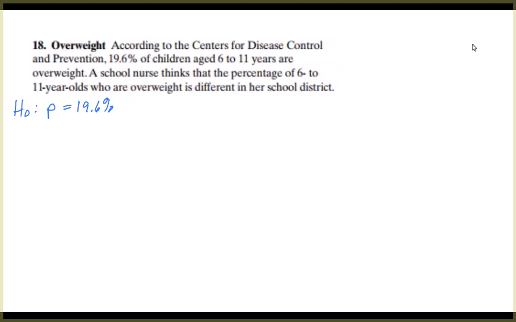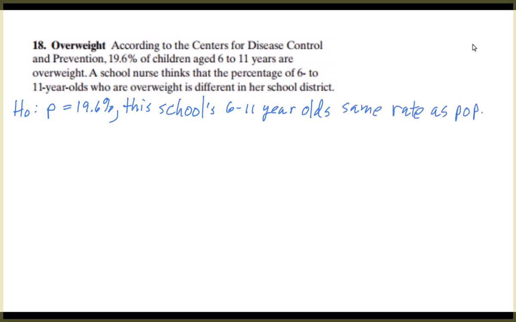Now, this P is the percentage at our school where the nurse is. The null is, yeah, we're no different from anyone else when it comes to the percentage of overweight kids. So we're no different from the population. The alternative is, yeah, we're different.